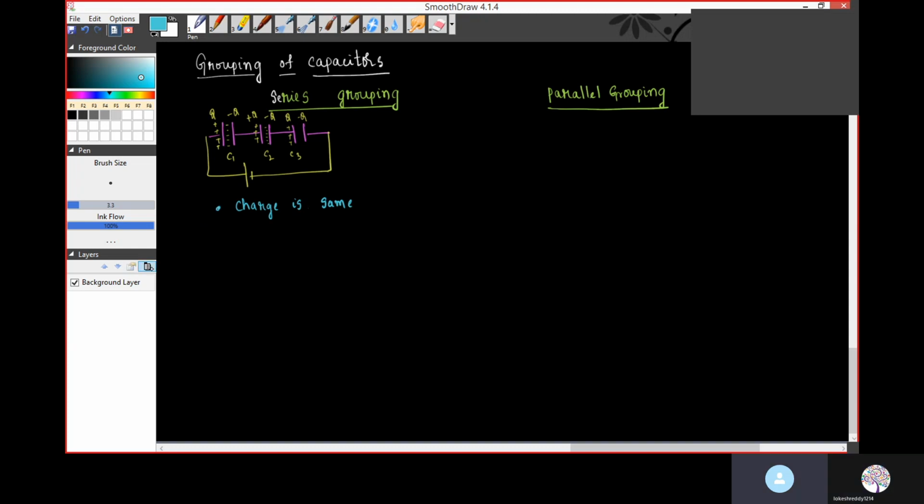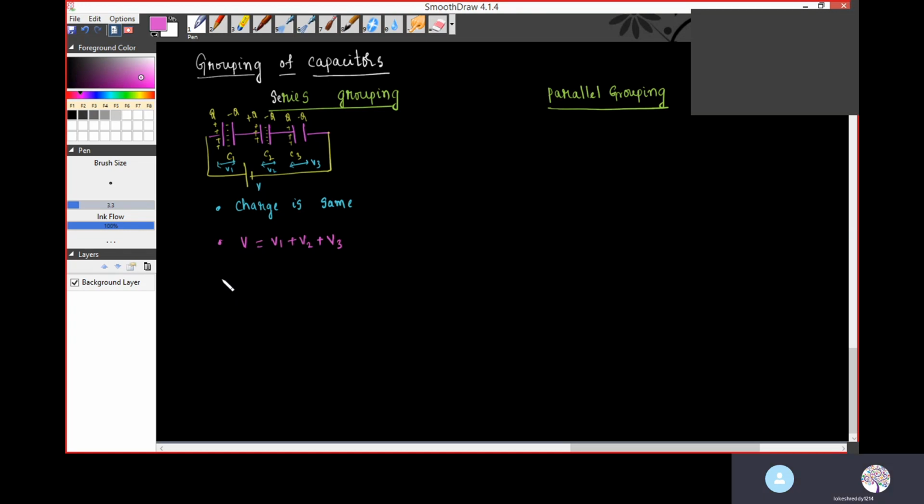And the potential here is V, which is equal to V1, V2 and V3. Here another point I will write: V is equal to V1 plus V2 plus V3.